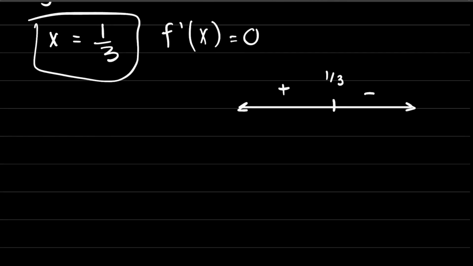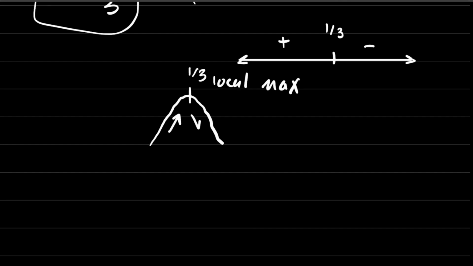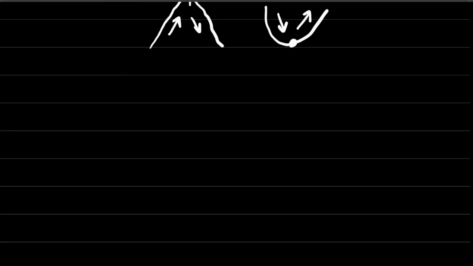So the graph is increasing, increasing, increasing, and then suddenly at 1/3 it starts decreasing. That tells us that 1/3 is a local max, because it goes from positive to negative. If it went from negative to positive, it would be a local minimum.